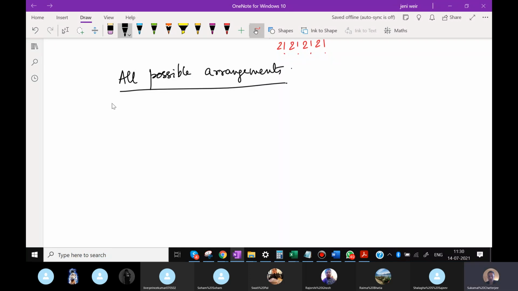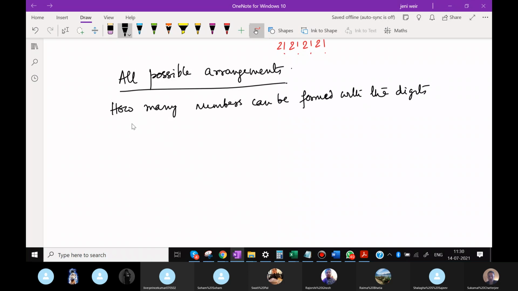So let us say, how many numbers can be formed with the digits 0 to 9, where no digit is repeated.